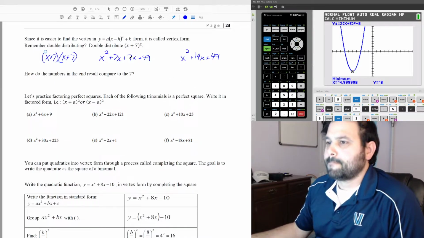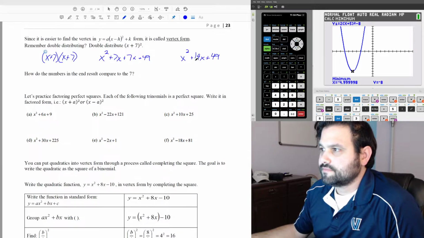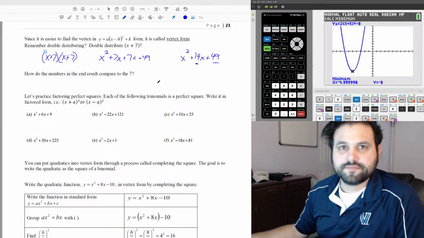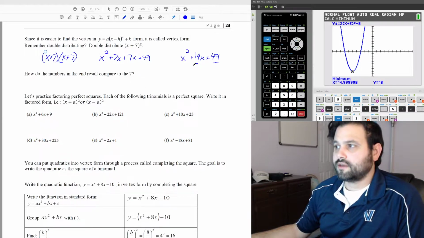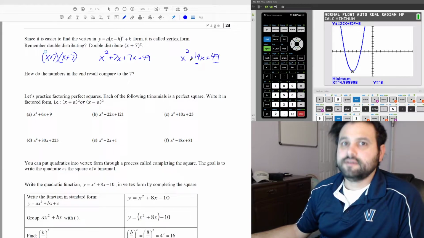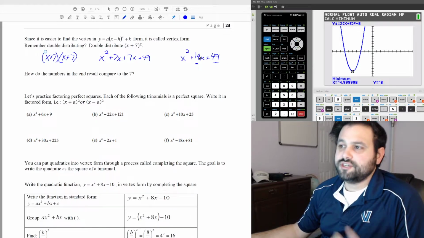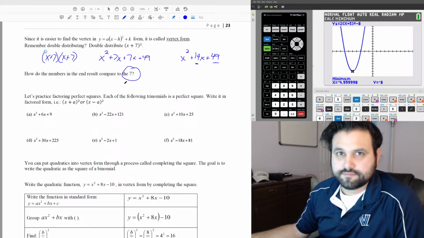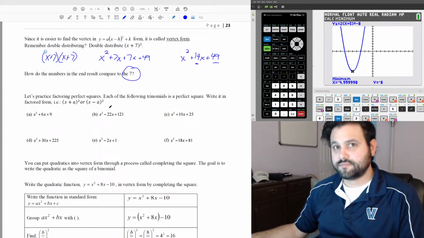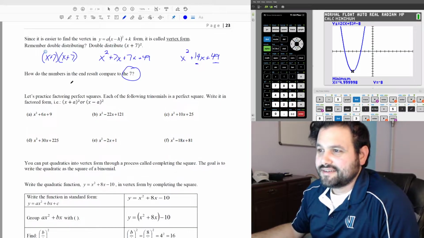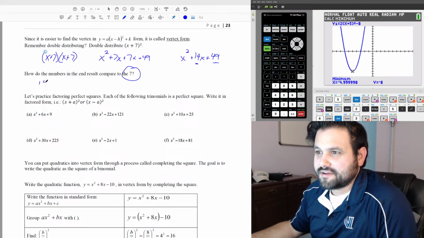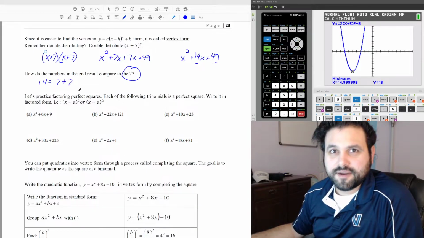Okay. How do the numbers that we ended up with compare to the number 7? Does 14 and 49 have any relation to the number 7? The answer is yes. 14 is 7 plus 7, right?